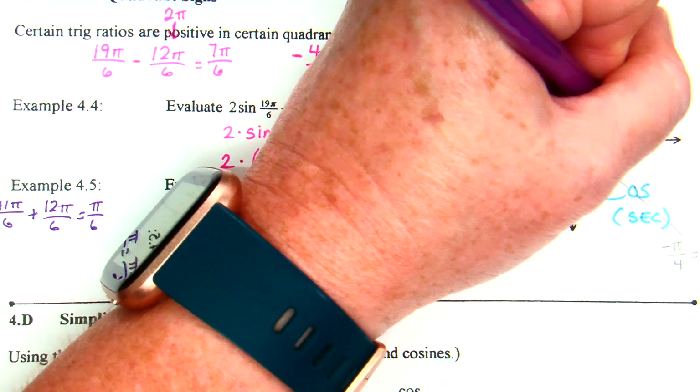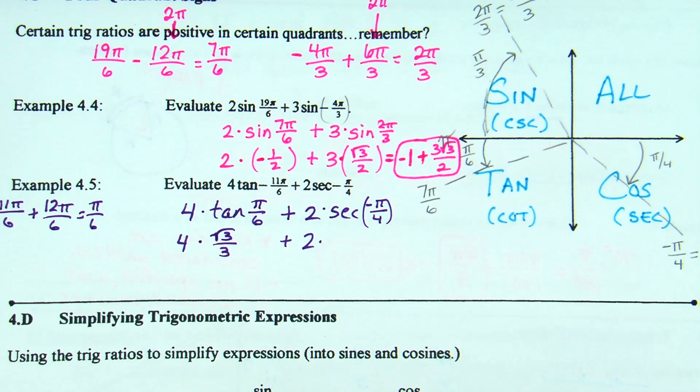This one, yeah. If you guys were comfortable with the last one, you're probably comfortable with this one. So I'm just going to leave that as 2 secant negative pi over 4. What is the secant of pi over 4? What'd you say? 2 over square root. Okay, so 2 over square root of 2. If you flip the rationalized version, you get 2 over square root of 2.